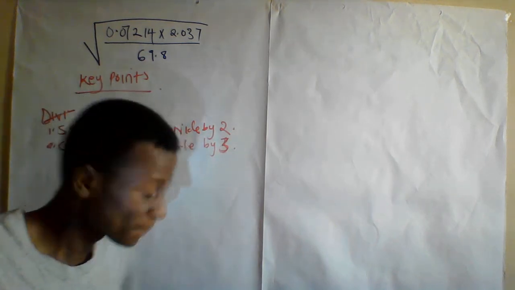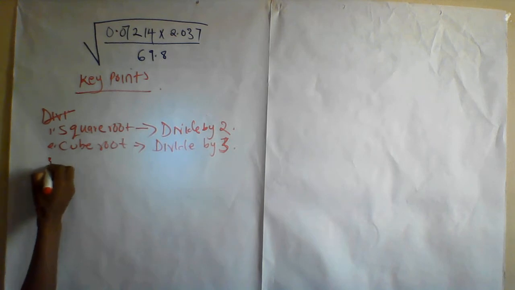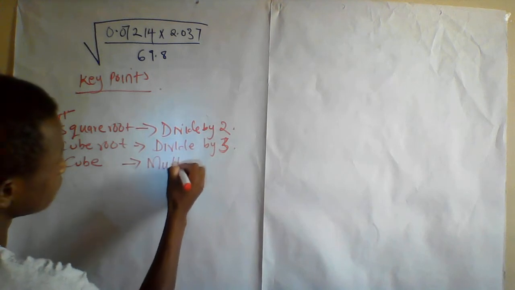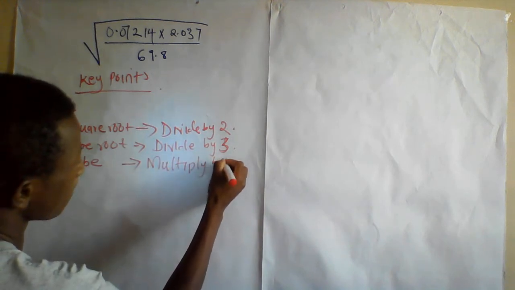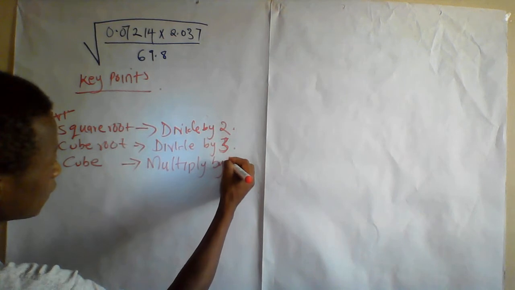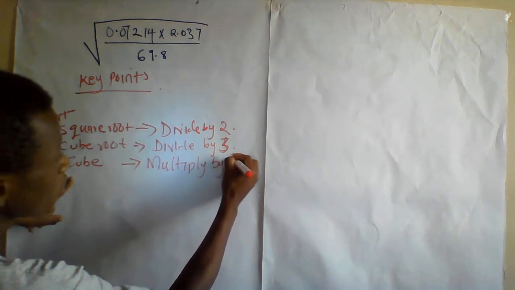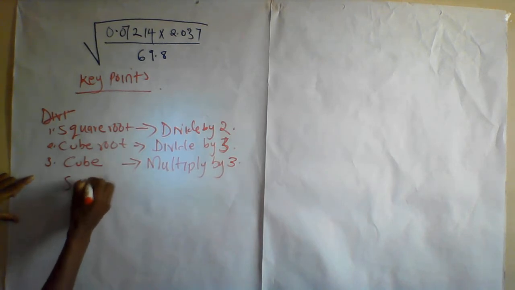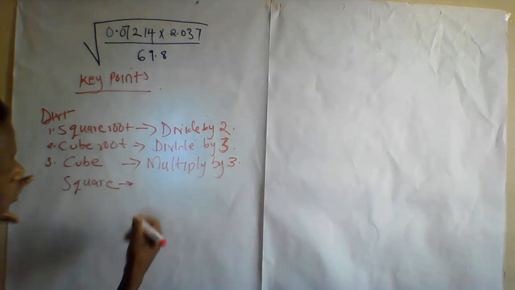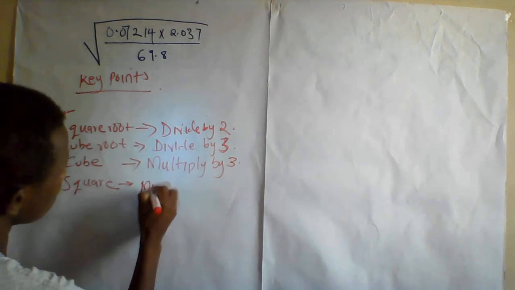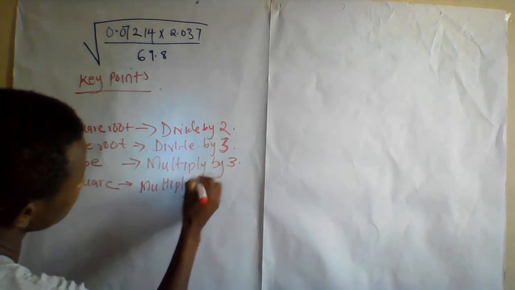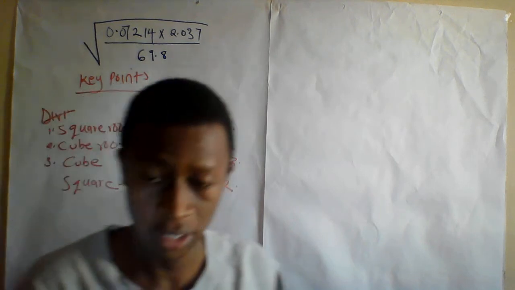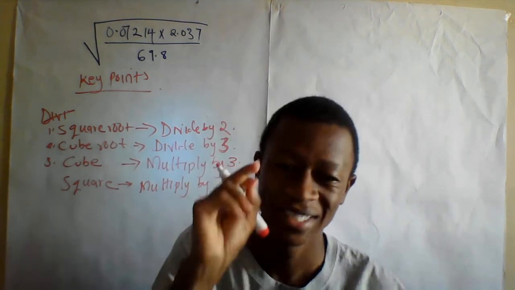The other one is that if it's a cube, you multiply by 3. And if it's a square, you just multiply by 2.